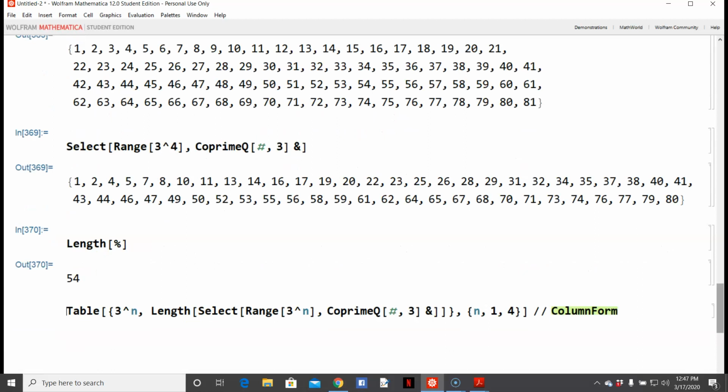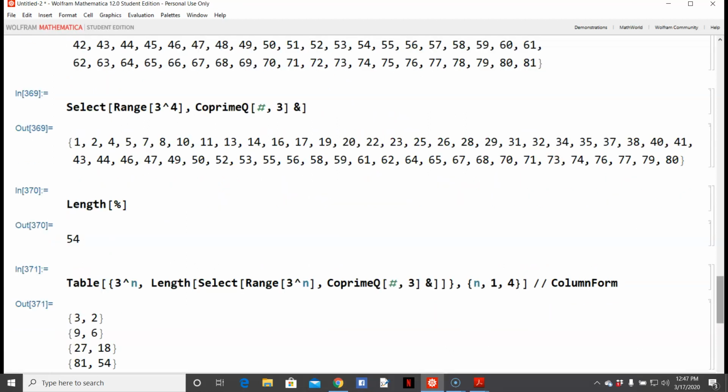All right, so to summarize, if we look at the power of 3 in the first column, and then the number of values relatively prime in the second column. For 3, there were 2, for 9, there were 6, for 27, there were 18, for 81, there were 54.